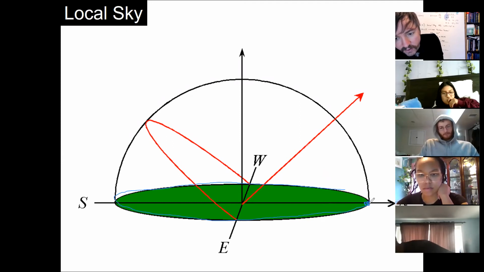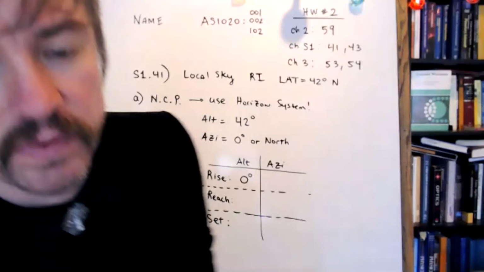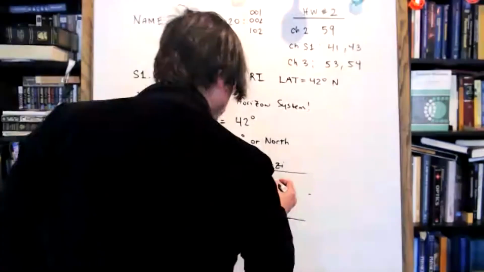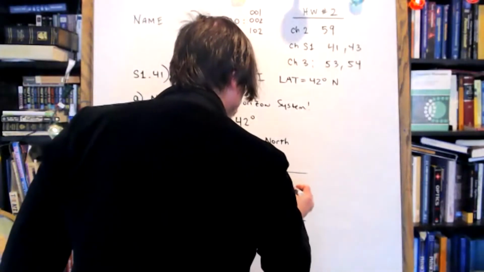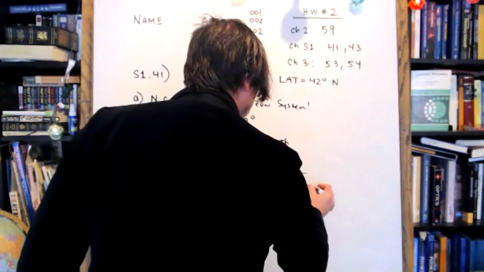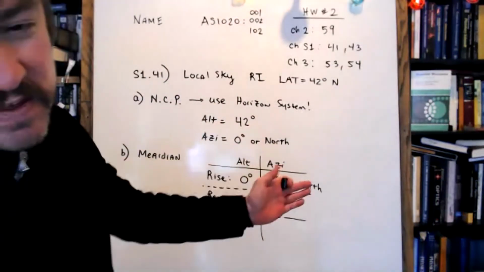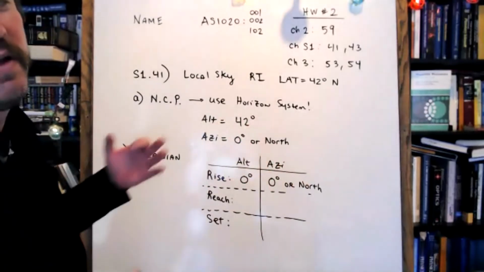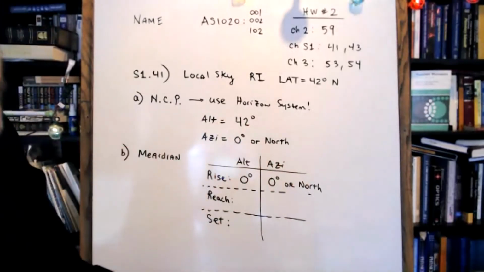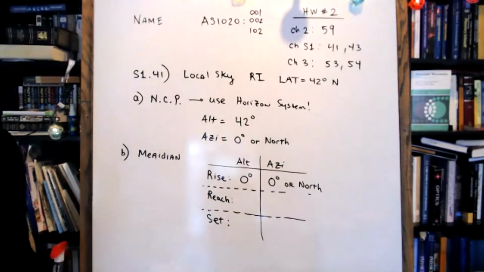So if you're on the northern horizon, your azimuth is 0 as well. Let's write both answers down. I want to drill into your head that azimuth is the same as direction. Azimuth is north, south, east, and west. You just put a number on it.